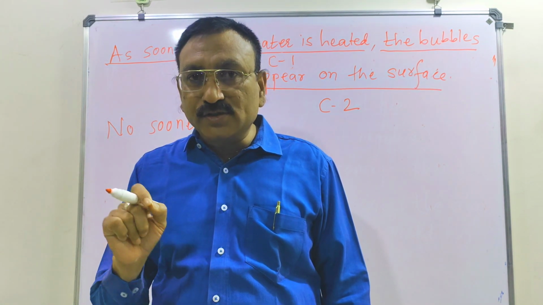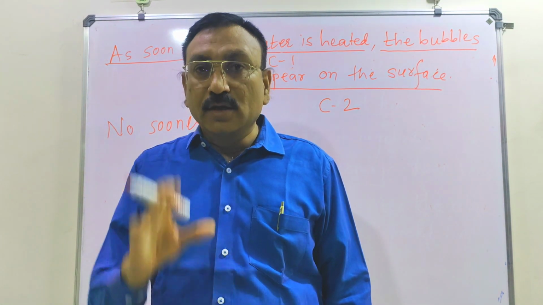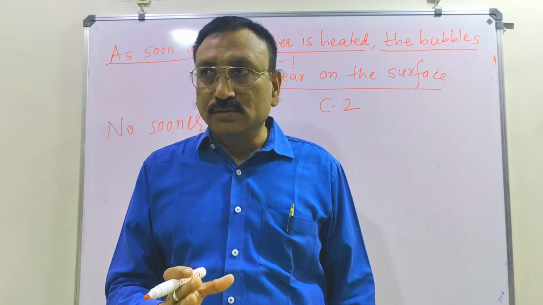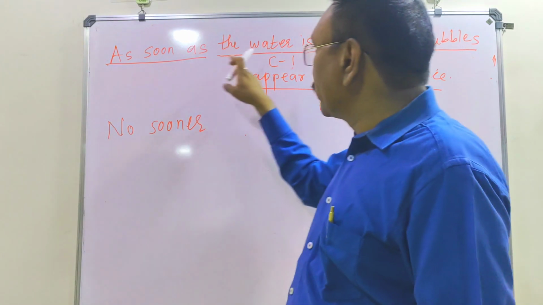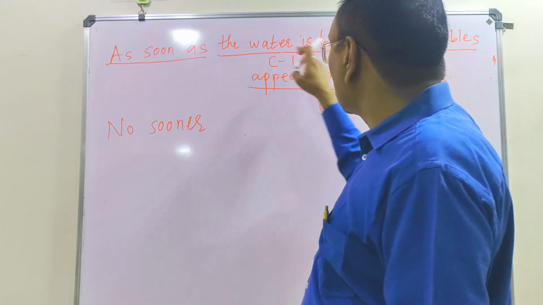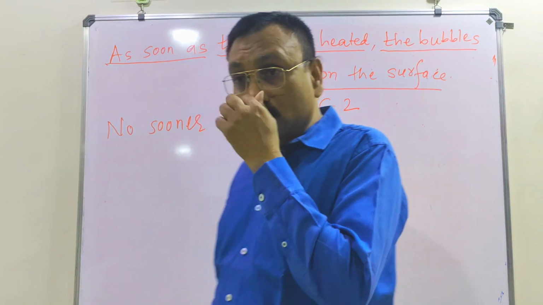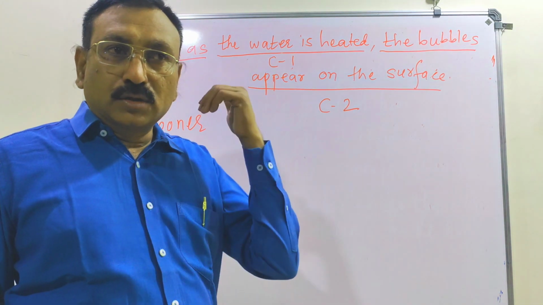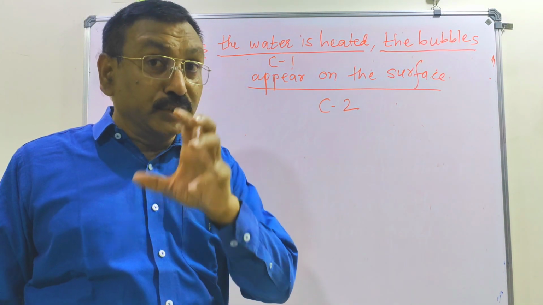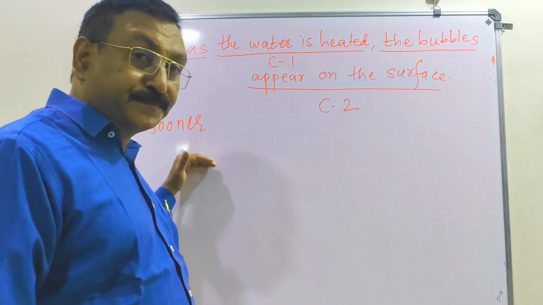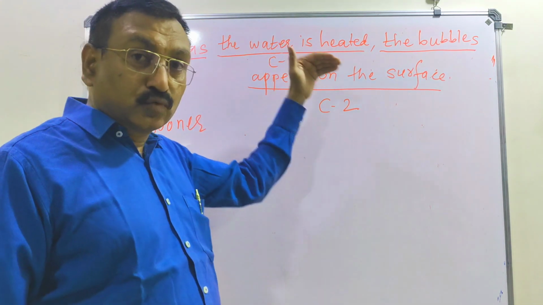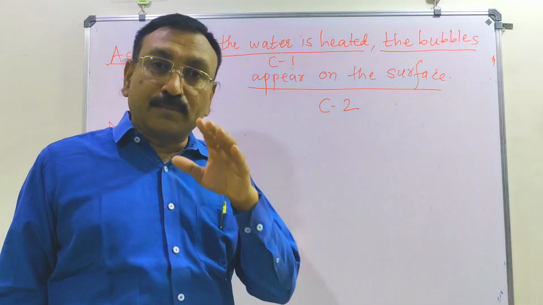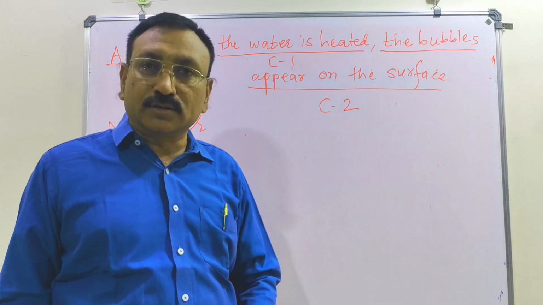No sooner is always followed by the auxiliary verb available in the first clause. Now look at the first clause, the water is heated. We need an auxiliary verb after no sooner. We cannot continue without it. We have to write down the auxiliary verb after the conjunction no sooner.